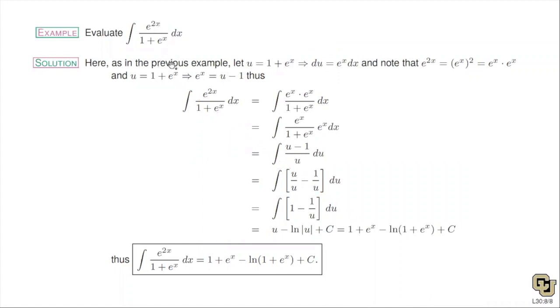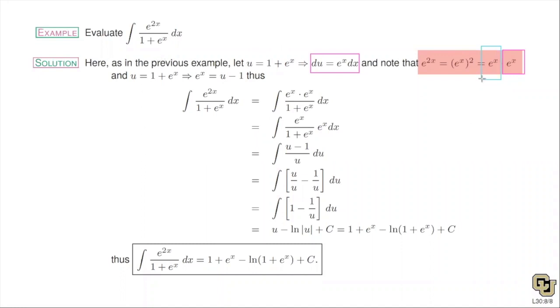And like I said, there's this sneakiness here where you have to factor the e to the 2x. And then there's a second level of sneakiness where one of the e to the x's is reserved along with the dx, so that that'll become the du. And the other e to the x is written in terms of u.